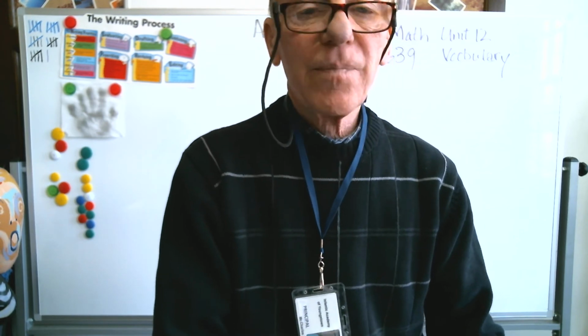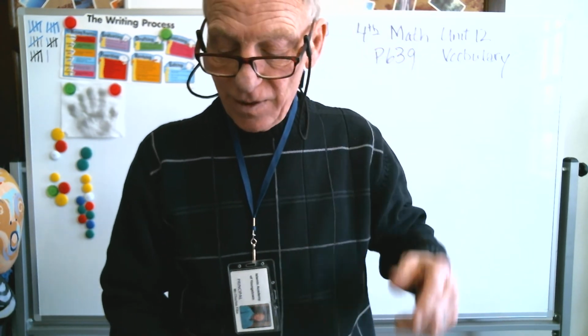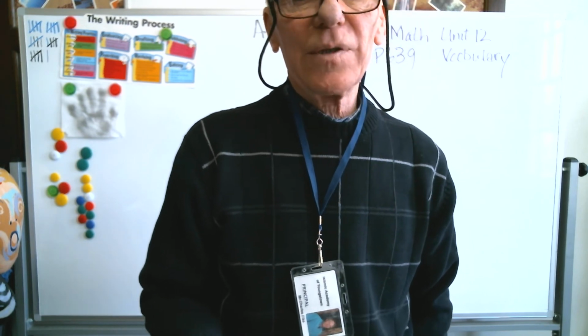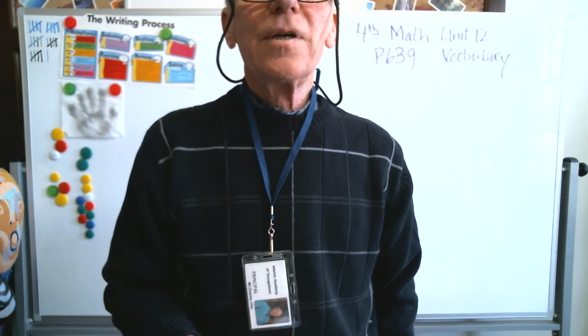The last vocabulary word is ton. And ton is another standard measurement of weight. And 1 ton is equal to 2,000 pounds. So if something weighs 2 tons, then it weighs 4,000 pounds. There are 2,000 pounds in each ton.